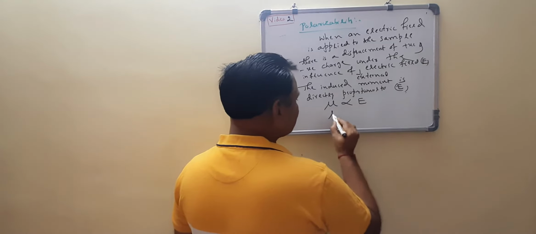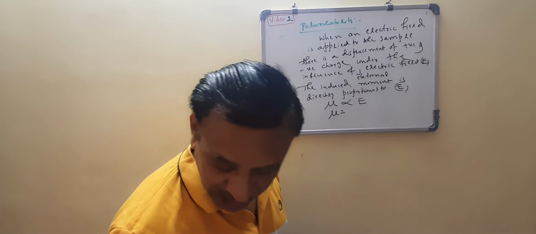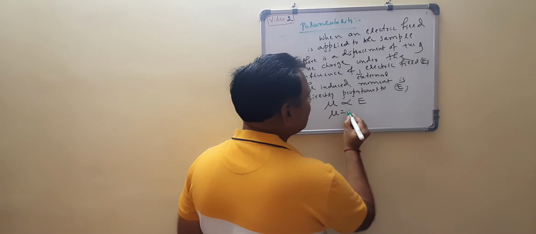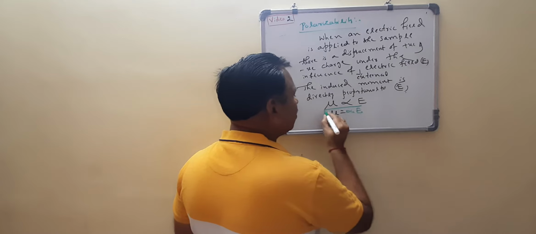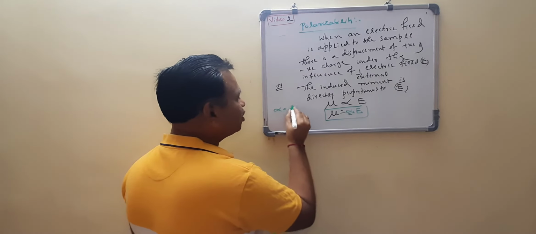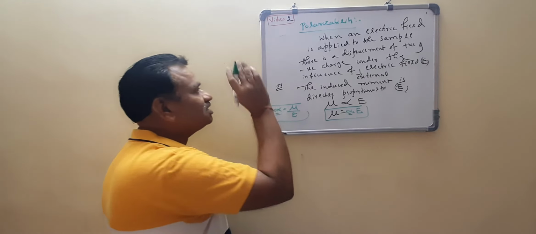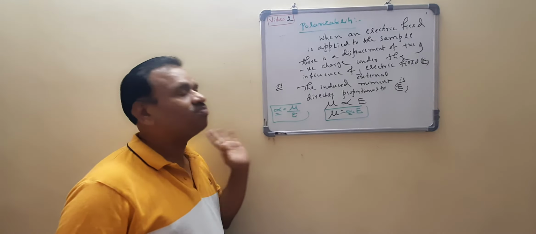Writing one constant, alpha, mu equals alpha into E. Alpha equals mu divided by E. This quantity is called polarizability.